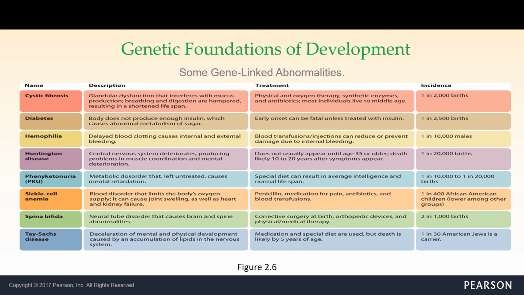There's one child with cystic fibrosis in every 2,000 births, and you can see diabetes is gene linked, hemophilia, and we already talked about Huntington's and PKU. There's sickle cell anemia, and then spina bifida and Tay-Sachs. So you can take a look at the descriptions of those gene-linked abnormalities, the treatment, and how often they happen.